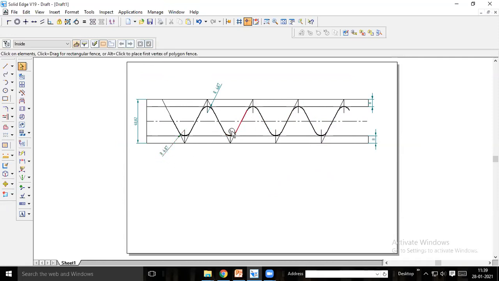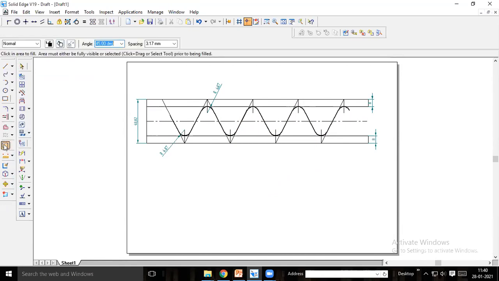So here, because it is internal thread, you will be having a fill option here. See here, just below line and curve, you will get circle, rectangle, trim, offset. Below offset, you will be having pattern. Below that, you will be having the fill option.